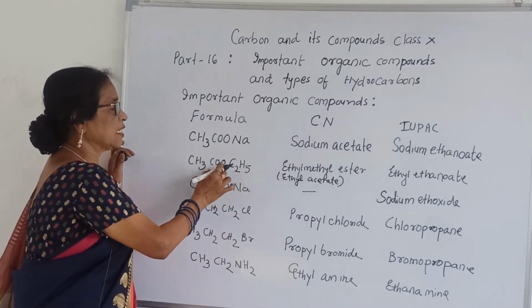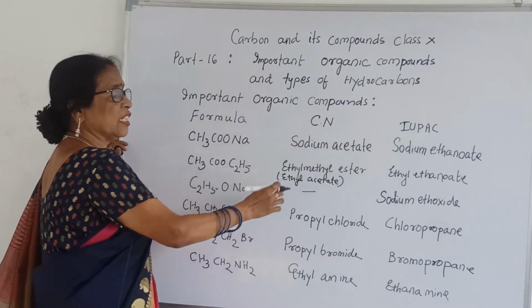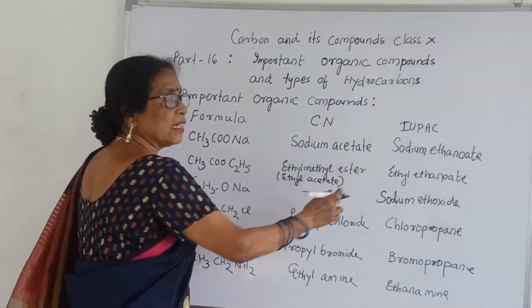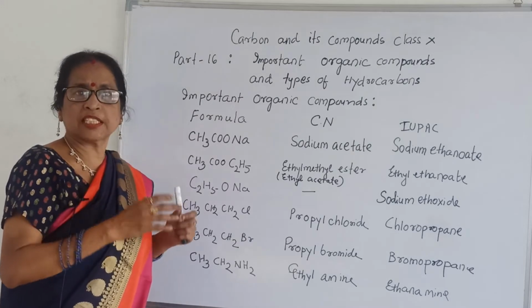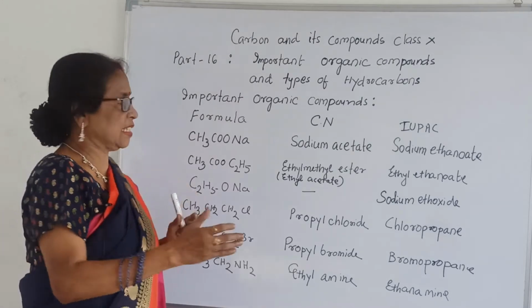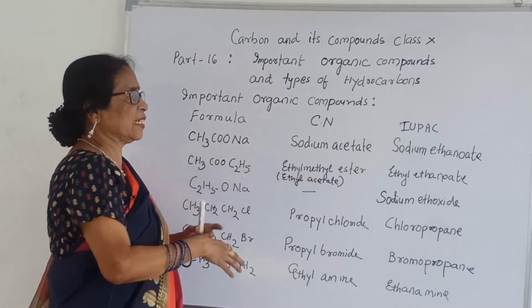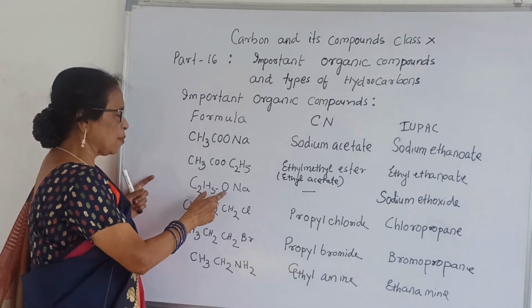So ethyl acetate is the common name, also called ethyl methyl ester. And what is the IUPAC name? Ethyl ethanoate, because the IUPAC name of the acid is ethanoic acid, while the common name of the acid is acetic acid. So ethyl acetate, ethyl ethanoate.